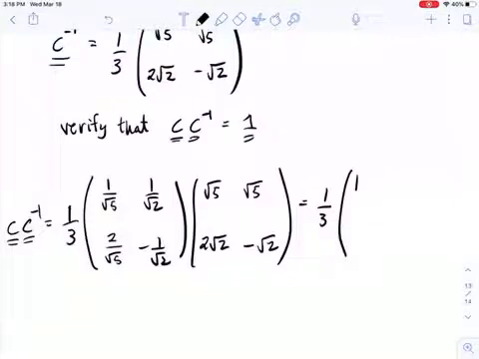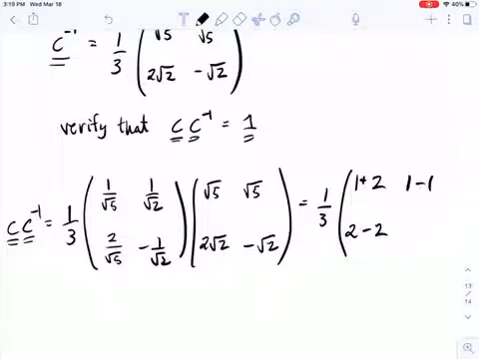And then we have 2 root 2 divided by root 2, okay, that's good. Then we get negative root 2 divided by root 2, so minus 1. And then 2 root 5 over root 5, so we get a 2, and then we get a minus 2.